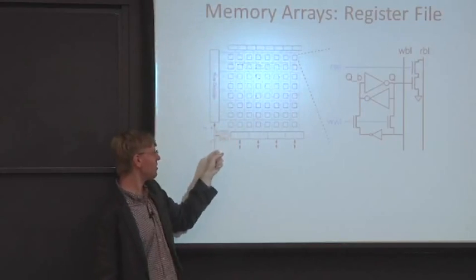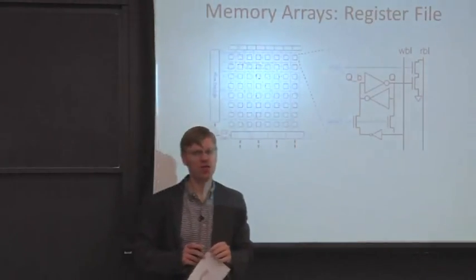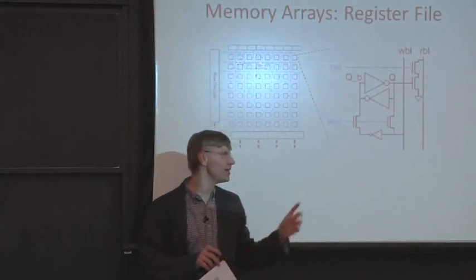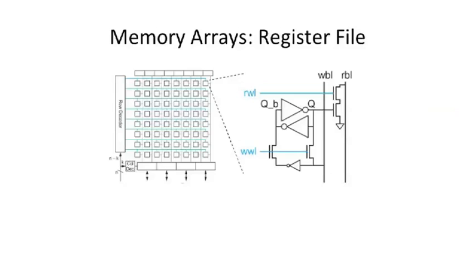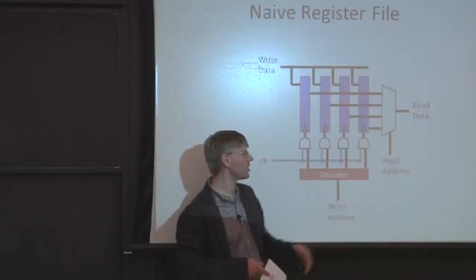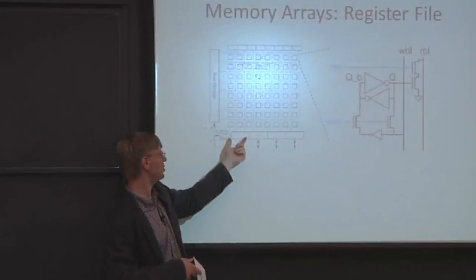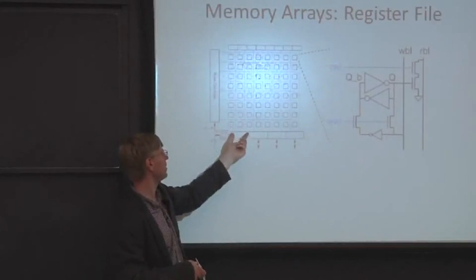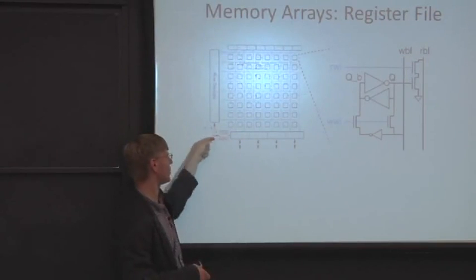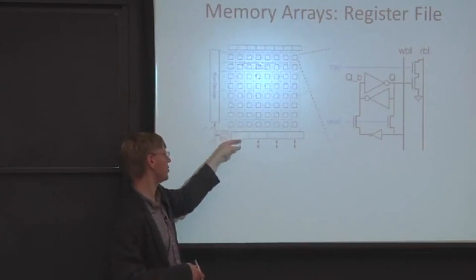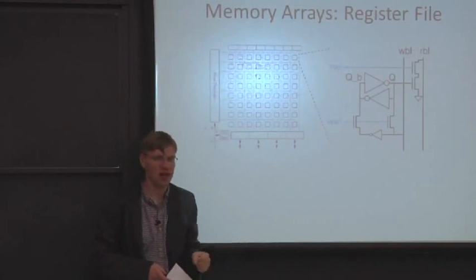But we're actually going to split out some of the bits here of our address and send it over to here, which is the column decoder. This column decoder is just a multiplexer very similar to this multiplexer, but it's going to only have a subset of the bits. Instead of having all of the bits that are together here going through this multiplexer and having an n-bit address coming into it, it instead has a subset of that.